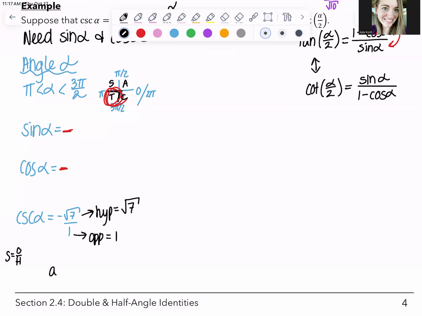The adjacent side is going to be the square root of 7 squared minus 1 squared. So that's going to be square root 6. Sine is opposite, square root 6, over hypotenuse, square root 7.